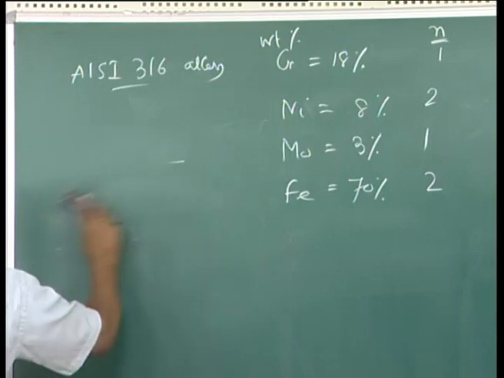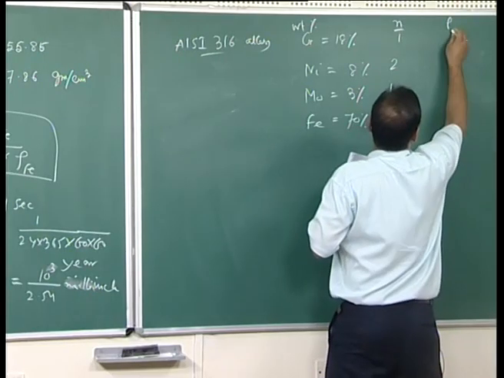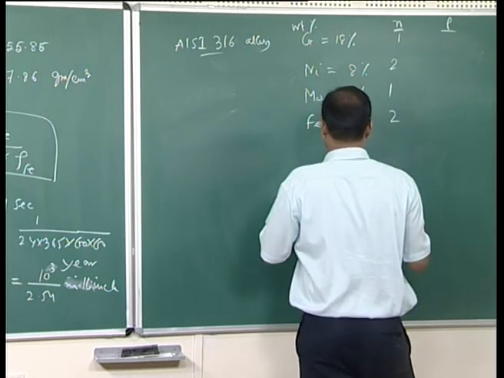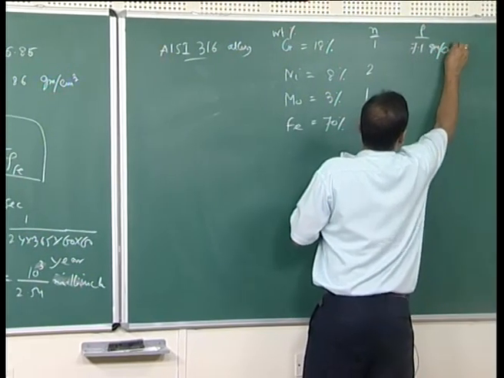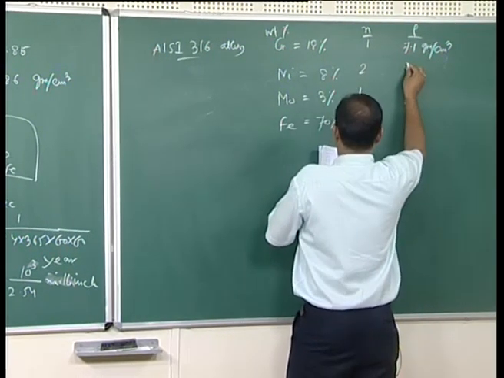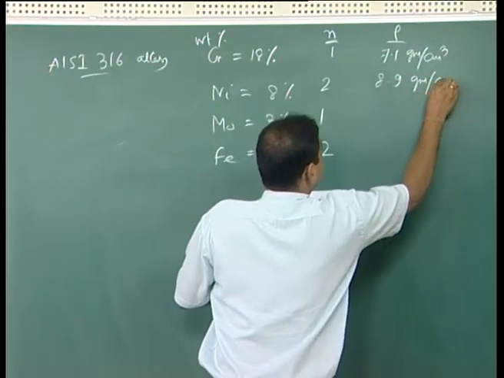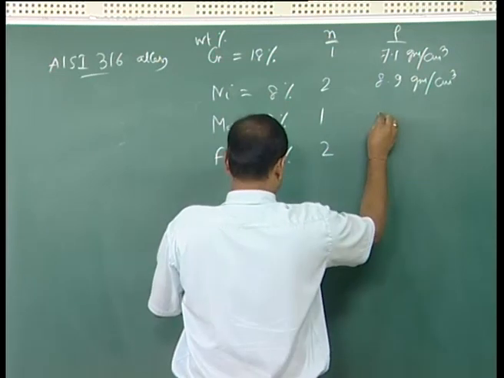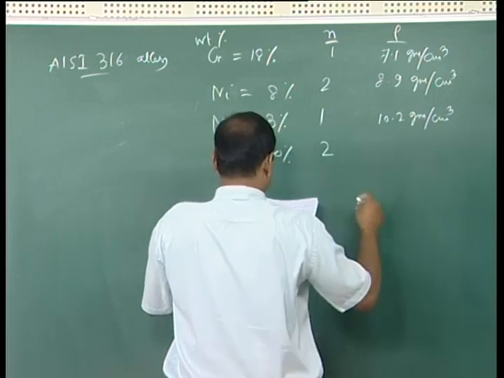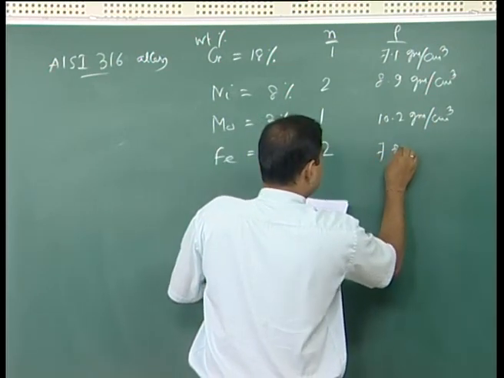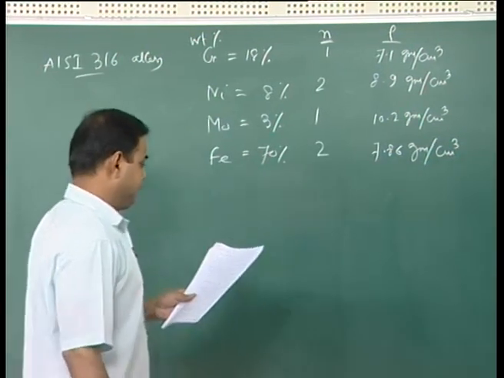If I assume those values, I also know the density of the different elements. This is 7.1 gram per centimeter cube, this is 8.9 gram per centimeter cube, this is 10.2 gram per centimeter cube, and this is 7.86 gram per centimeter cube.